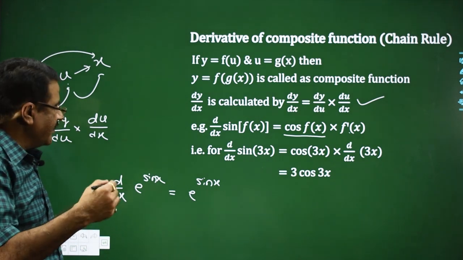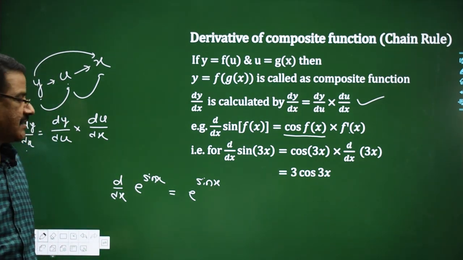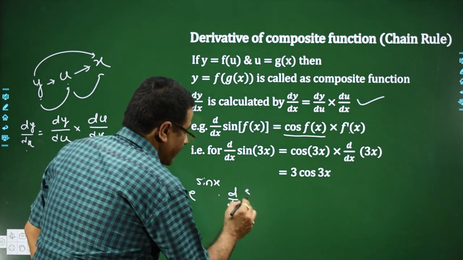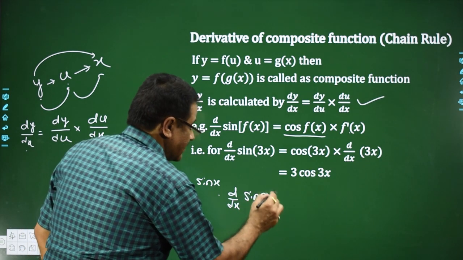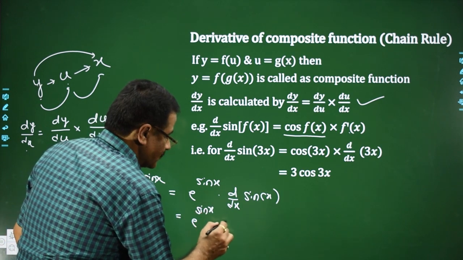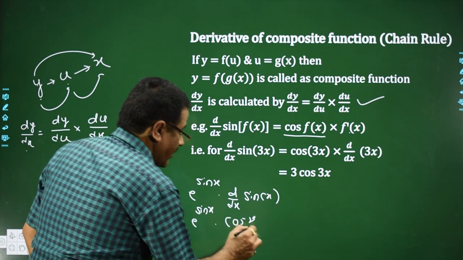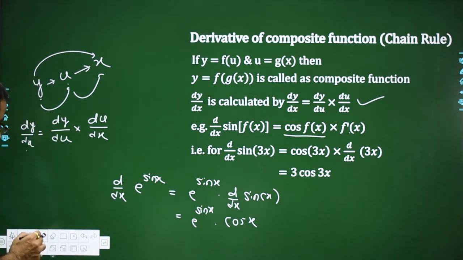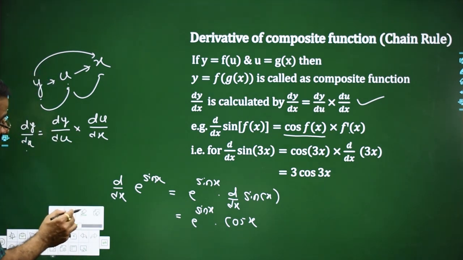So, the derivative of e raised to sin x is also e raised to sin x, and then as per chain rule we have to take d by dx of sin x, and therefore the final answer will read as e raised to sin x multiplied by cos x. So, this is the concept of the chain rule that we have to understand.